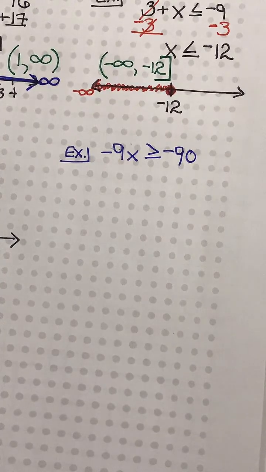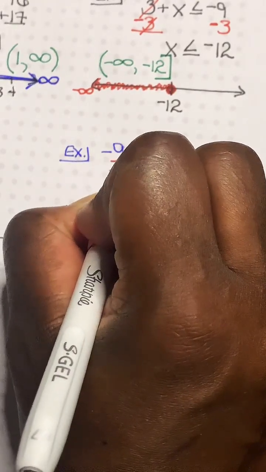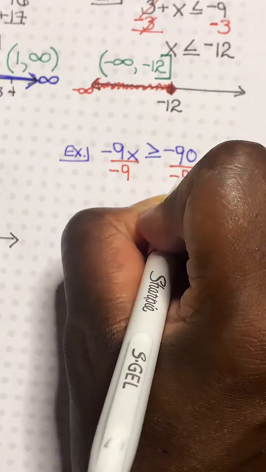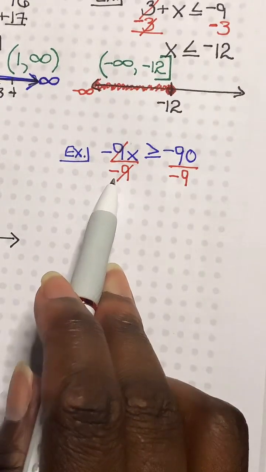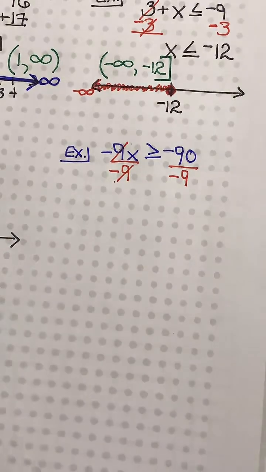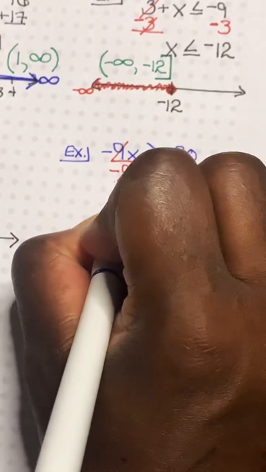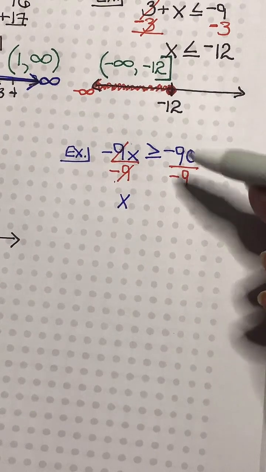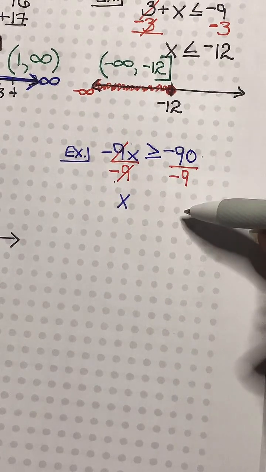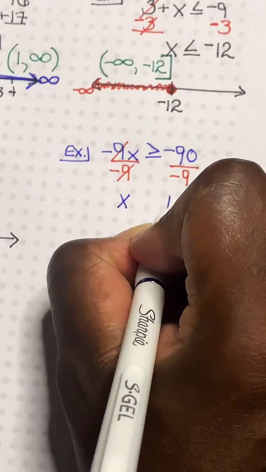The inverse of multiplication is division, so we're dividing both sides by negative 9 so we can get x by itself. Negative 9 divided by negative 9 gives me 1, but we have an x, so this is really 1x. Negative 90 divided by negative 9: negative divided by negative is a positive, and 90 divided by 9 is 10.